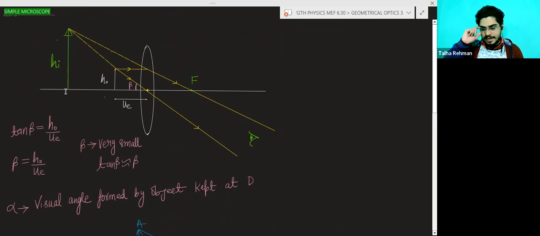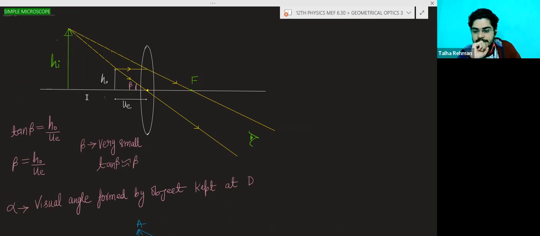So for the maximum magnification, the image should form at D. D means the least distance of distinct vision.